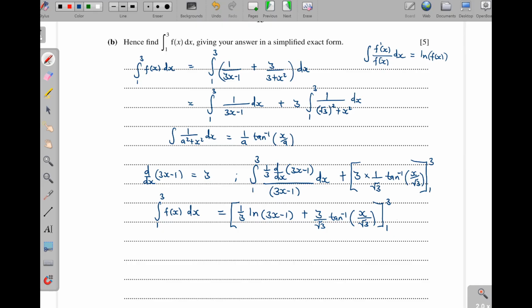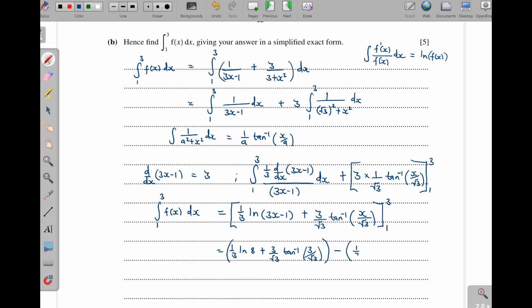Okay. All right. Now here, putting the upper limit, we shall get a third, then the natural log of 3 times 3, that is 9, minus 1, that will be 8. Then plus 3 out of square root of 3, and then the arctan of 3 out of root of 3. Then we go to the lower limit, so put 1.